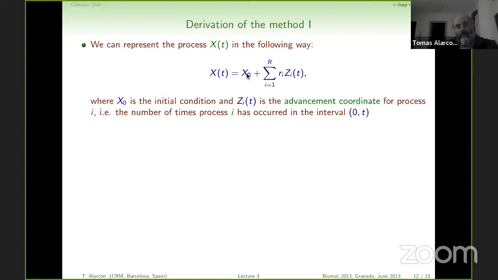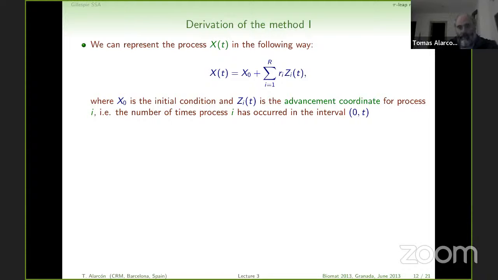At time t, the number of individuals in the system would be the number of individuals at time 0 plus the number of births multiplied by +1, because every time there is a birth event, the size of the system is increased by 1, plus the number of deaths multiplied by -1, and that would give us the population at time t.